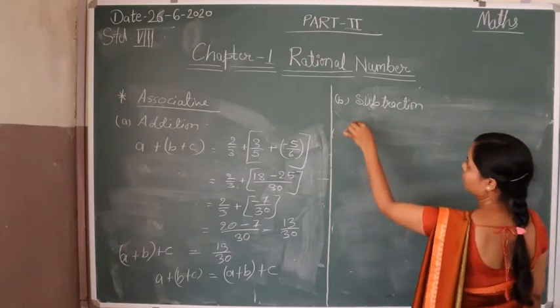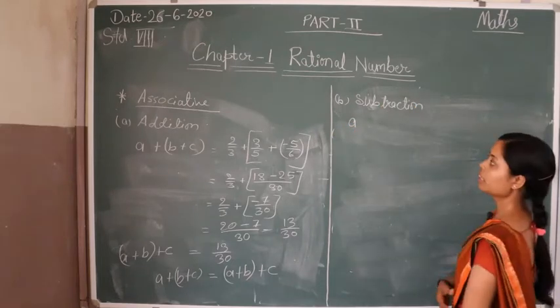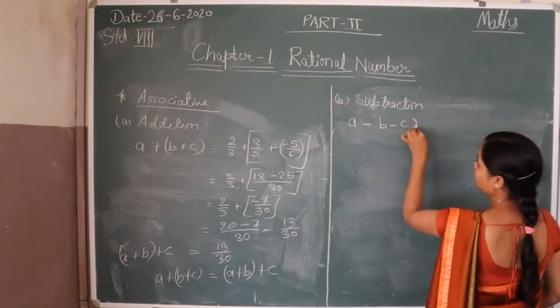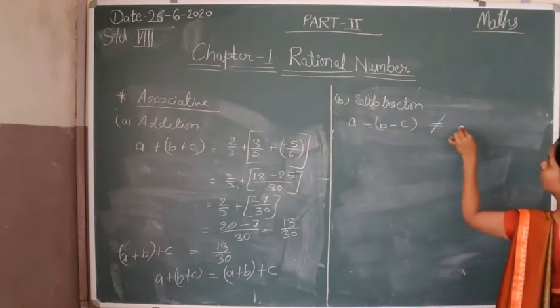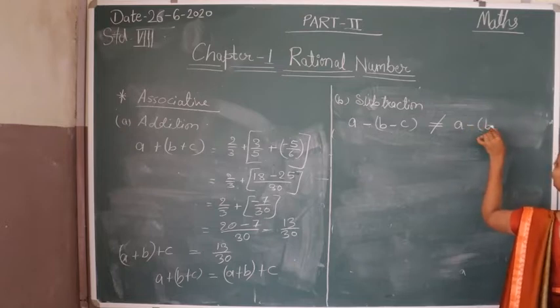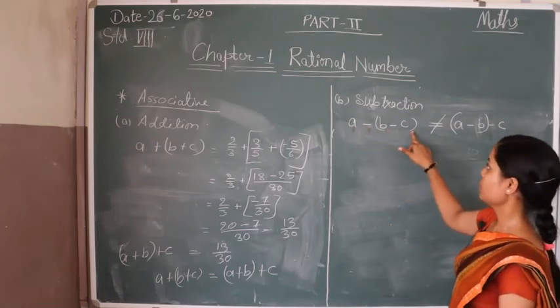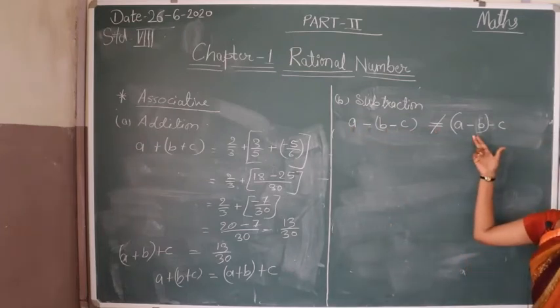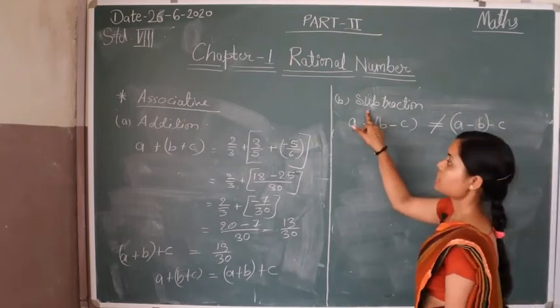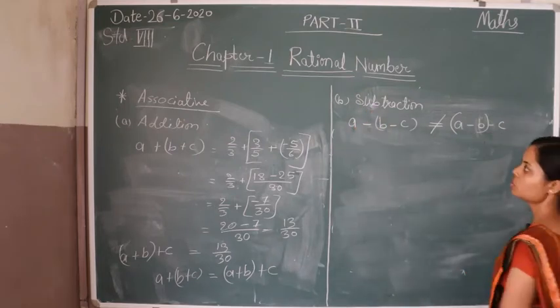For subtraction, when you take three rational numbers and then subtract these, they are not equal. So we write A minus (B minus C) is not equal to this. Subtraction will not be associative.